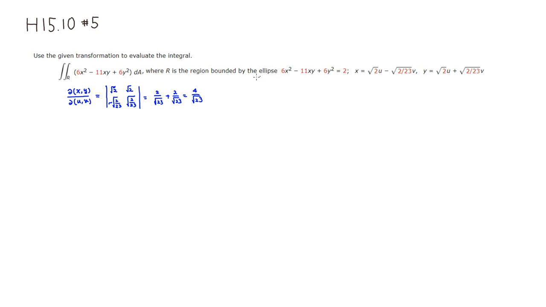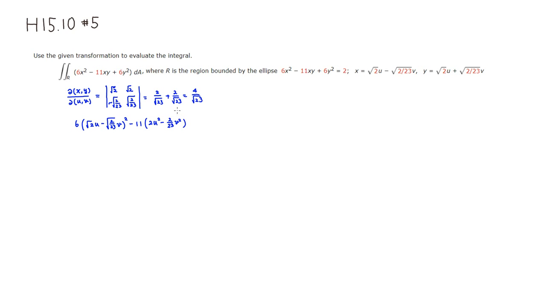Also let's rewrite the equation of the ellipse. So you have 6, and x is going to be square root of 2 u minus square root of 2 over 23 v, squared, minus 11 times xy. The square of square root of 2 is 2, so u squared, and minus the square of square root of 2 over 23, which is 2 over 23, v squared.